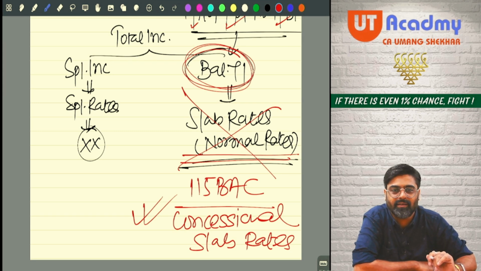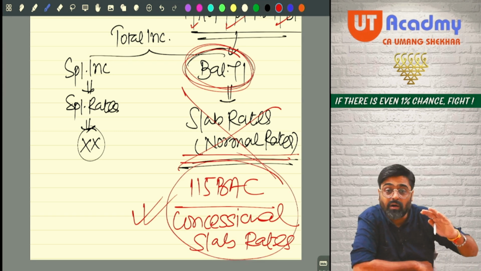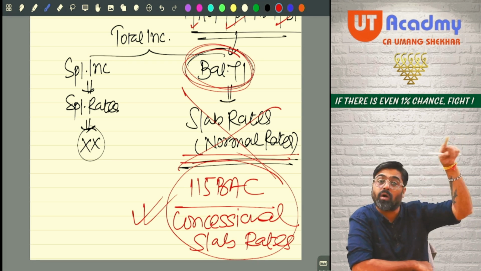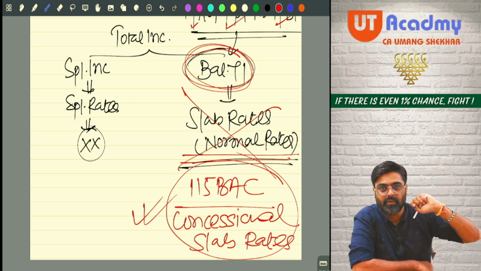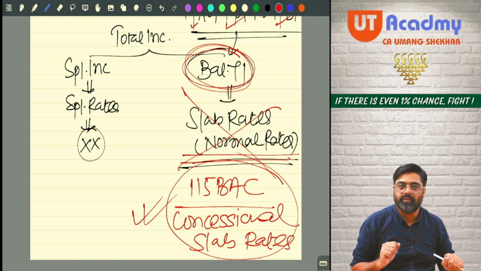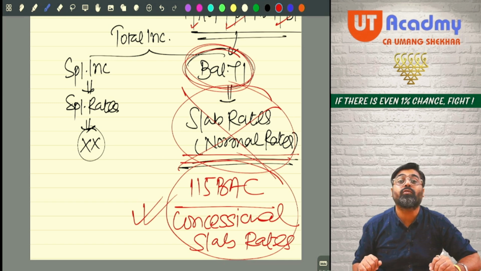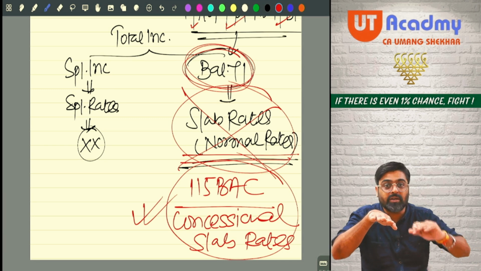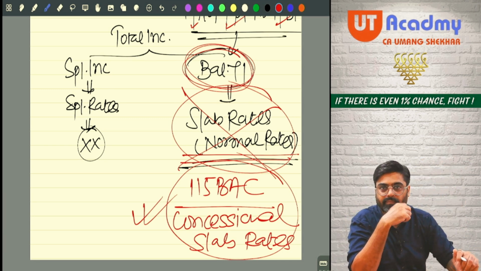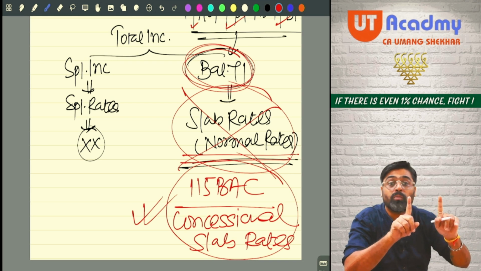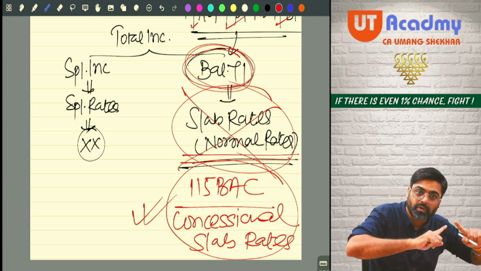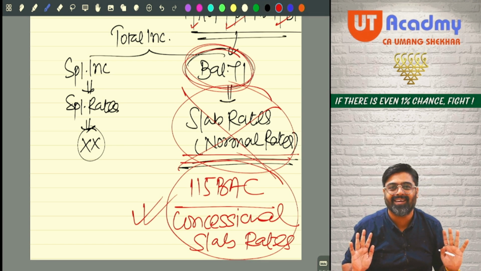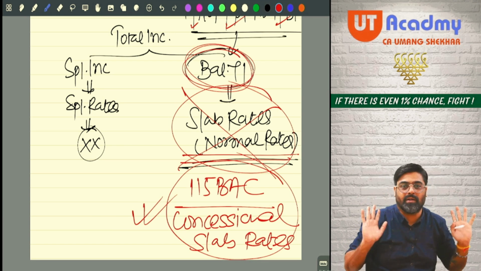Understand this thing. This 115BAC earlier used to be optional for all. Normal tax rates were treated as default, so by default normal tax rates were applicable, but you had an option to apply 115BAC. Getting my point? But wait, these 115BAC rates are no more optional, they are now default.